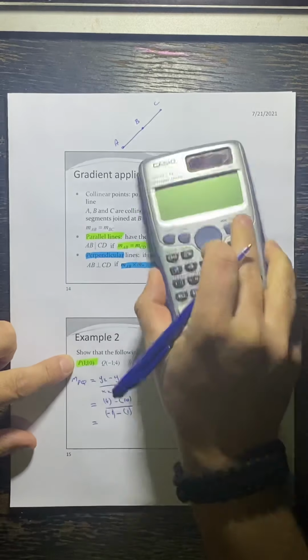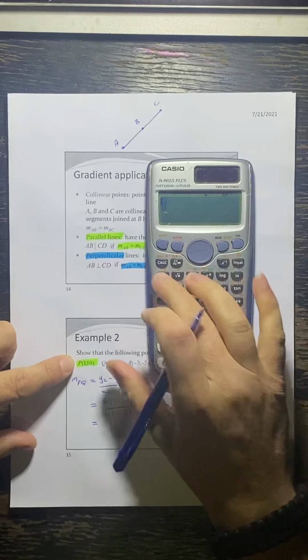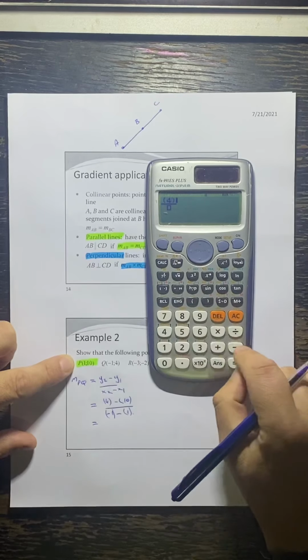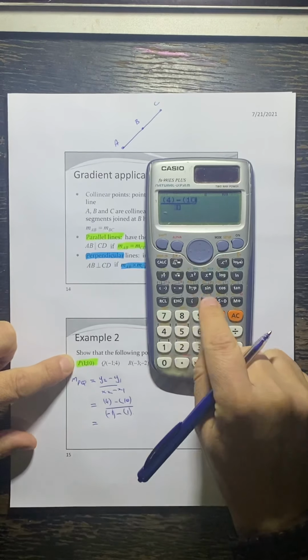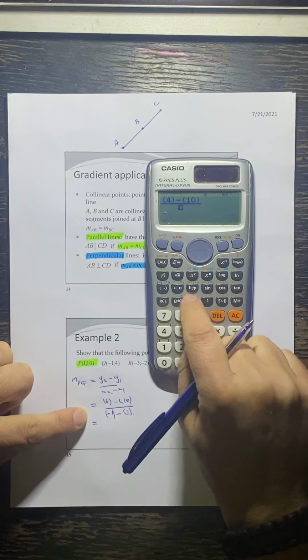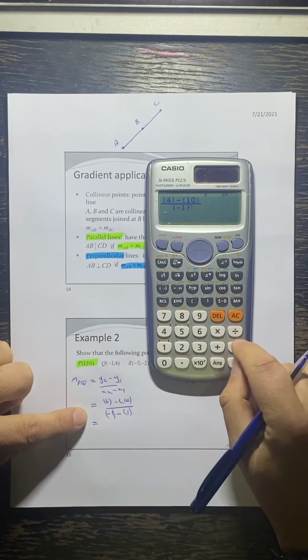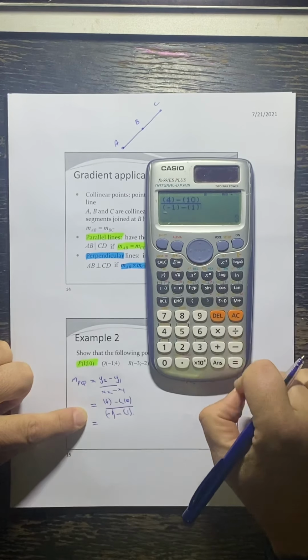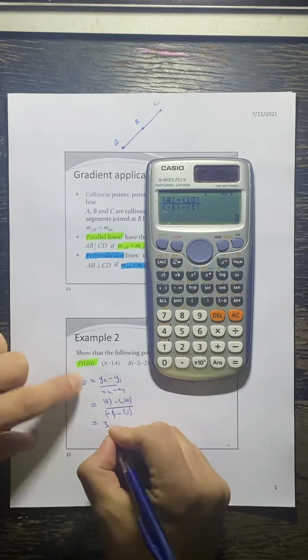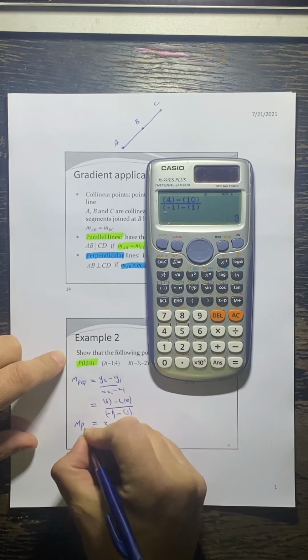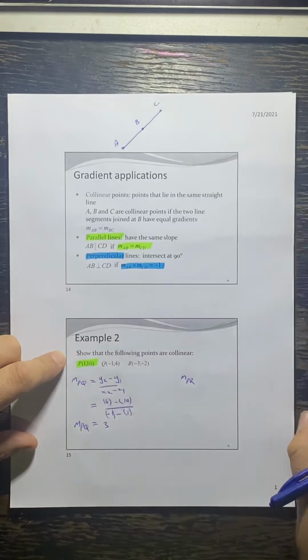And we can just plug that in the calculator and get the gradient. So we have here 4 minus 10 over minus 1 minus 1. And we get a gradient of 3. So that is the gradient of PQ.